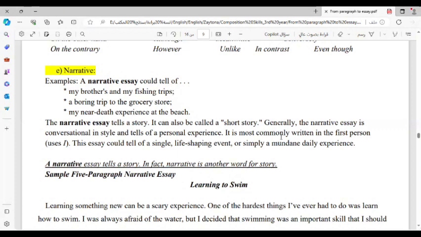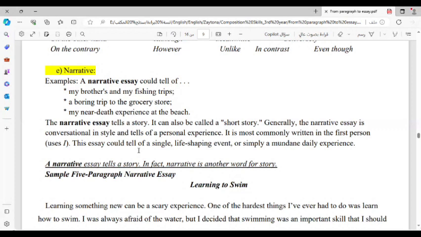It is most commonly written in the first person, and uses I. Because I'm telling you about my personal experience, so I need to use I. For example, I can say, when I first went on my car.